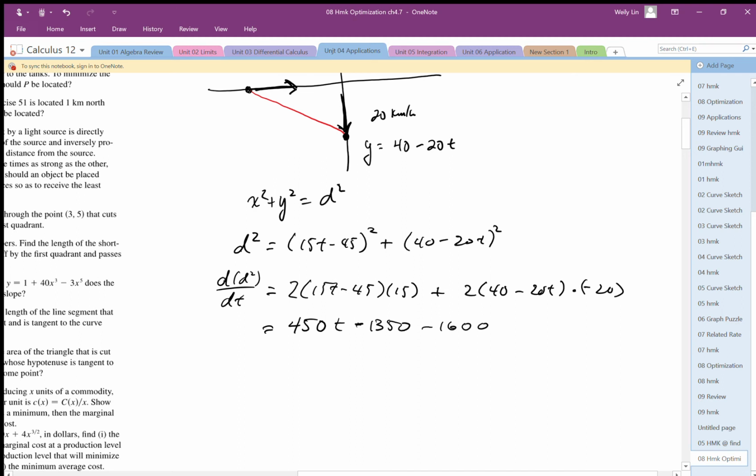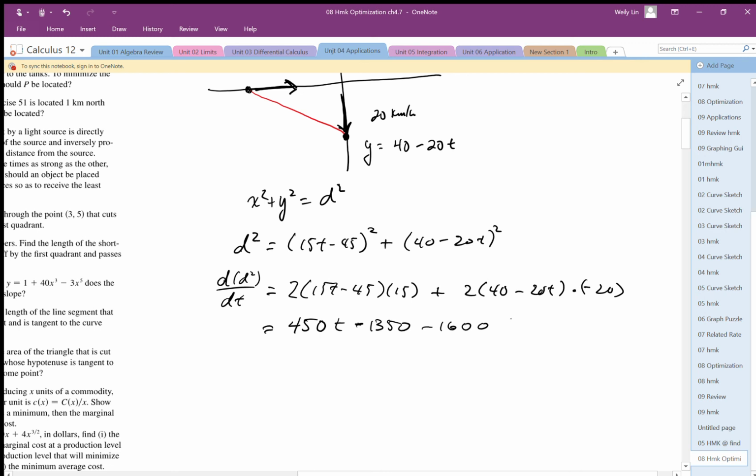Okay, and that's going to be negative 1600, and okay, that's correct.